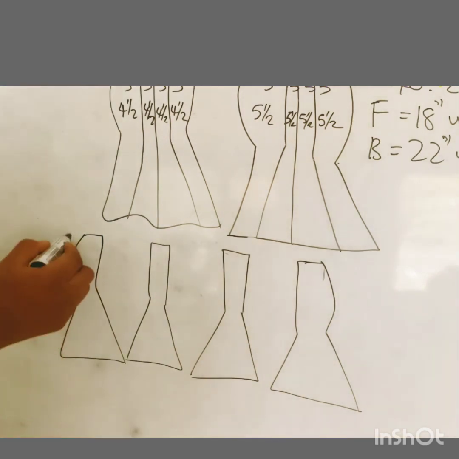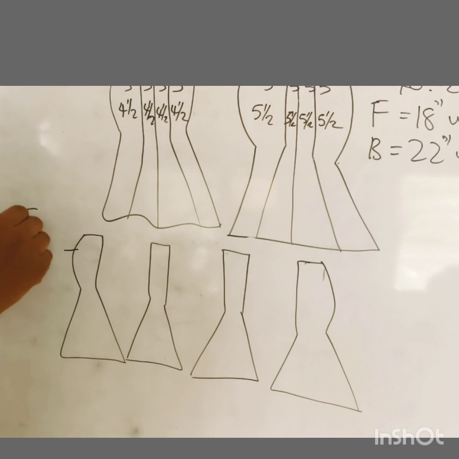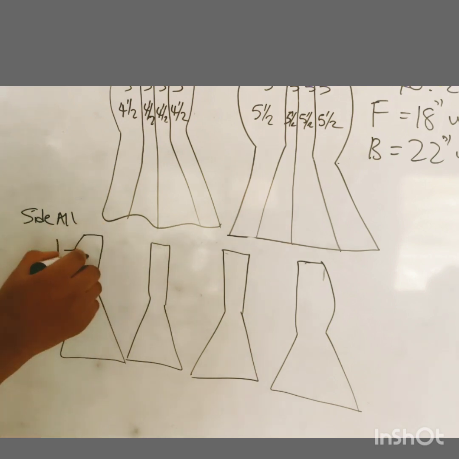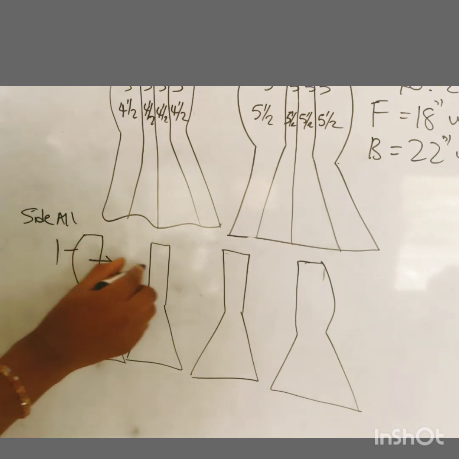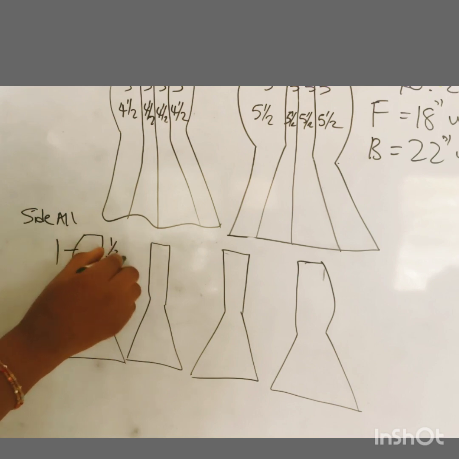Remember I said for this side you need same allowance, side same allowance. Let's say side allowance of 1 inch, and we need to join this to this, we need ½ inch.